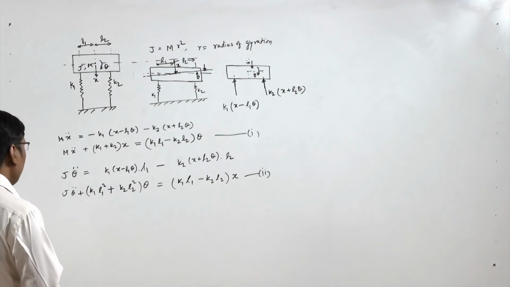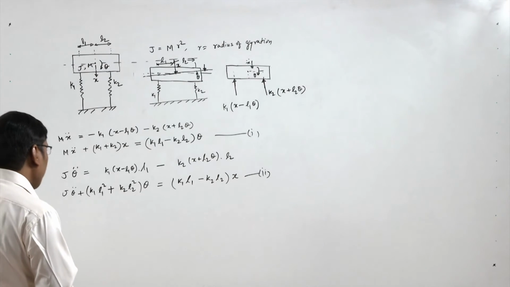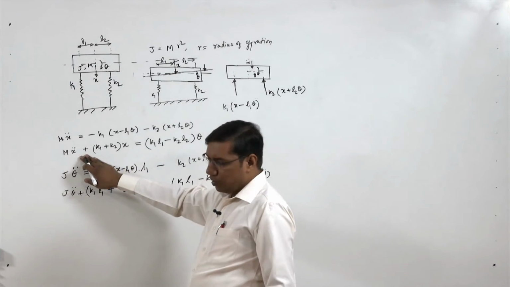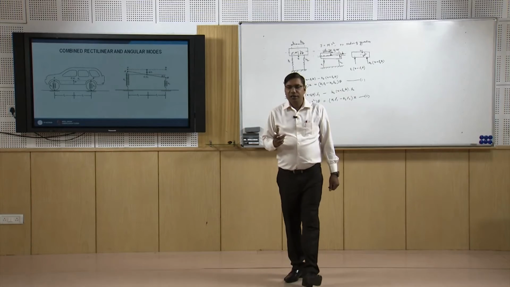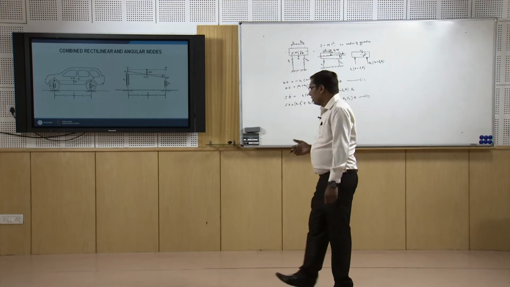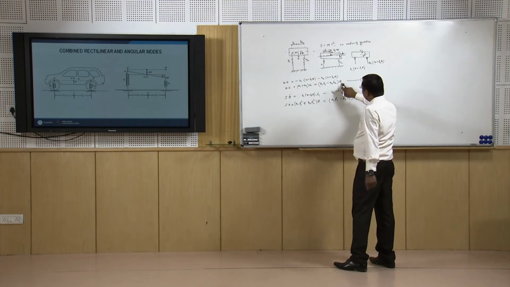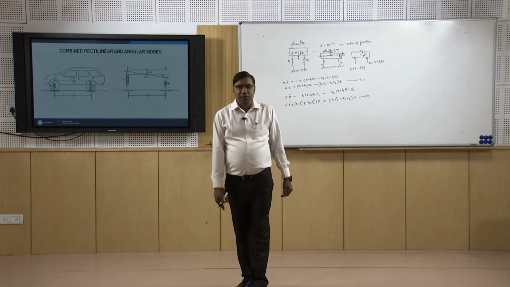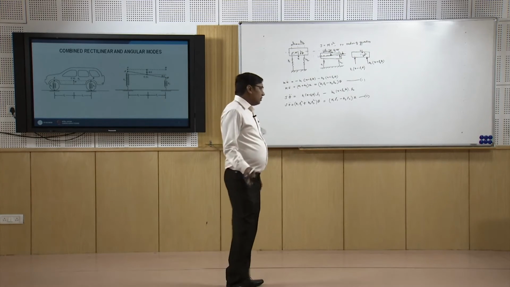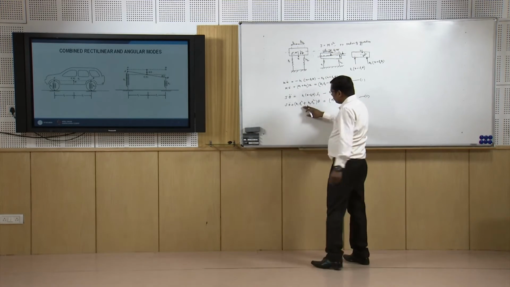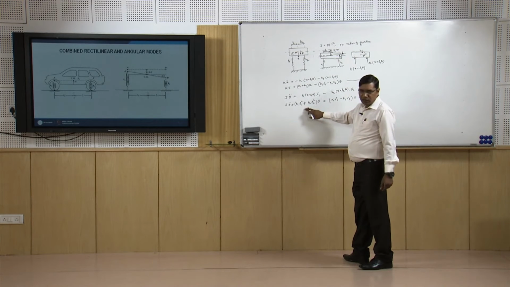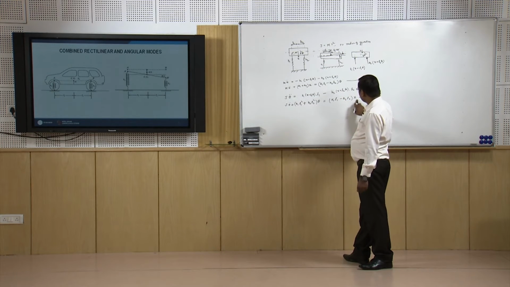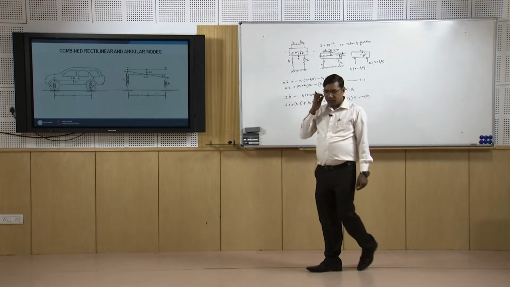Now we can see one thing. This is the equation of motion of the linear degree of freedom, but here we can notice that there is also the degree of freedom term theta in this equation. Similarly this is the equation of motion of the rotational, angular direction, but here is the degree of freedom term x, the linear term.